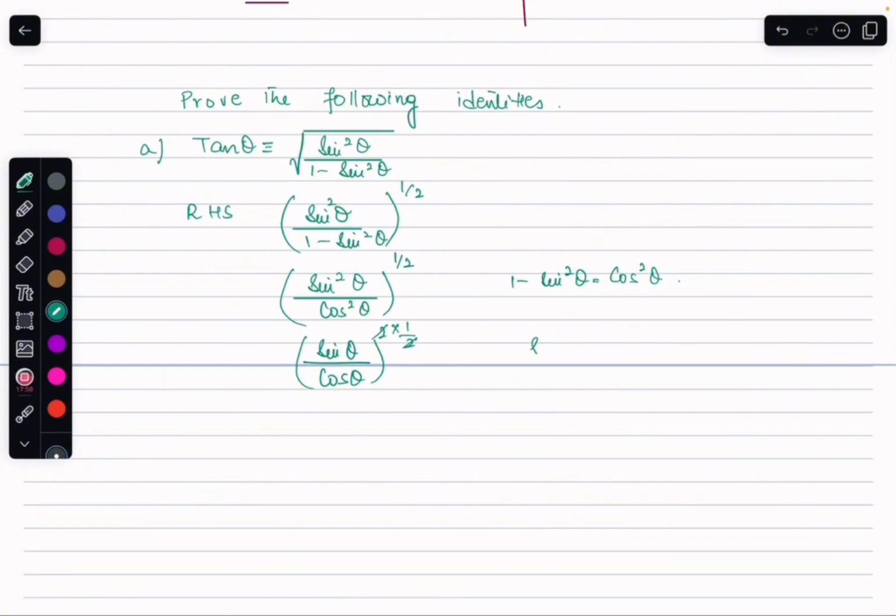Now we know the identity, sine theta over cos theta equals tan theta. Therefore, this can be written as tan theta, and the left hand side is also tan theta. That means the left hand side equals the right hand side, and we have proved the identity that the two sides are equal. So this is proved here.